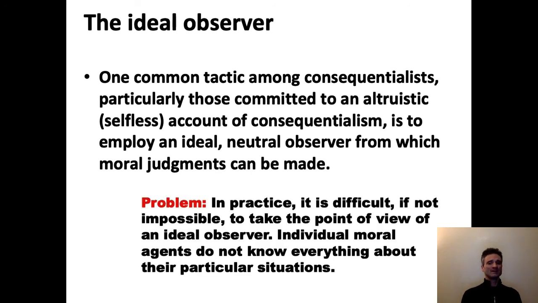The problem is, in practice, it is difficult, because to take the point of view of an ideal observer means that we have to take the view of an individual who knows everything, who is omniscient. But such an individual is hard to come by. So it's a kind of problem. Not to mention the fact that, what do we mean by perfectly rational?